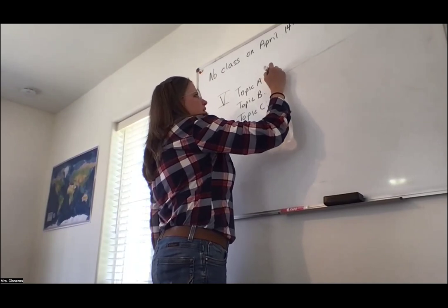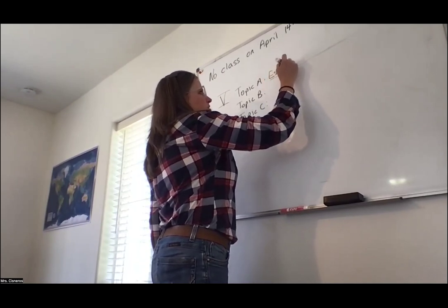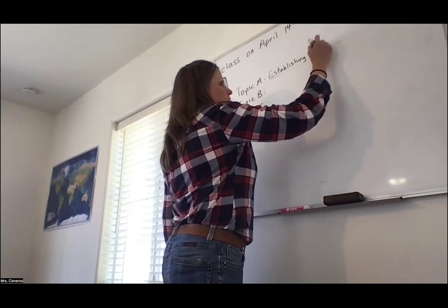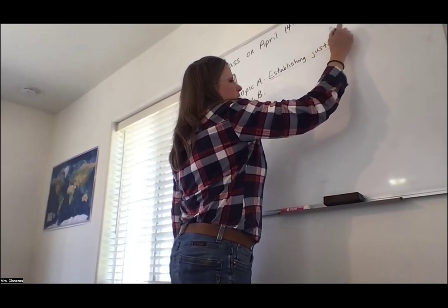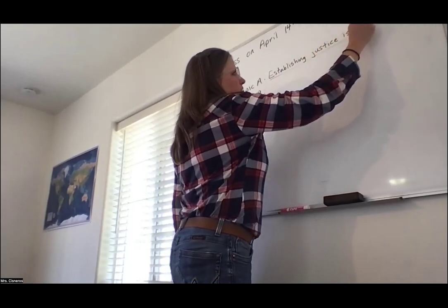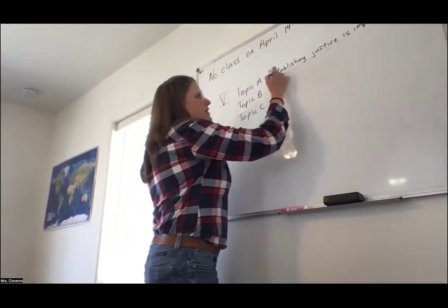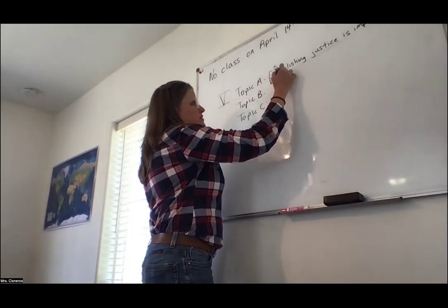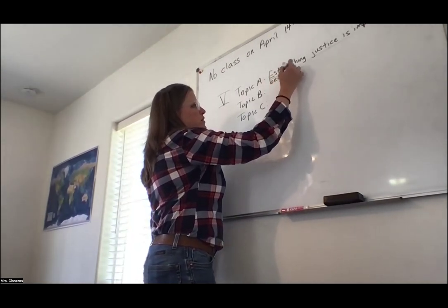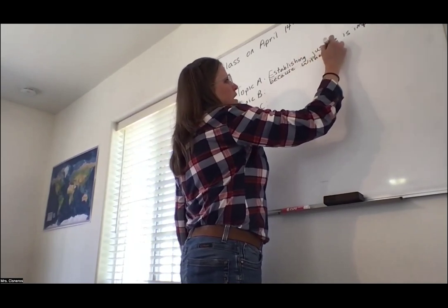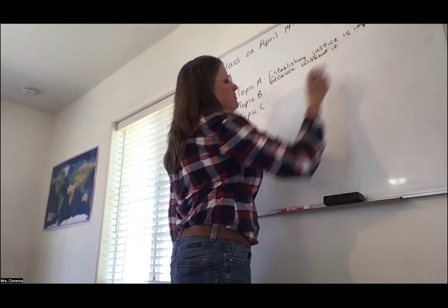I would say something like this: establishing justice. Does anybody have a sentence already, by the way? Nope. Establishing justice is important because we need laws. Without it, what would happen if we didn't have it?